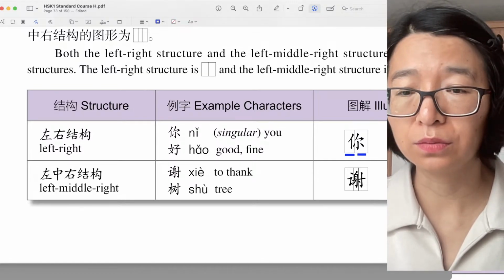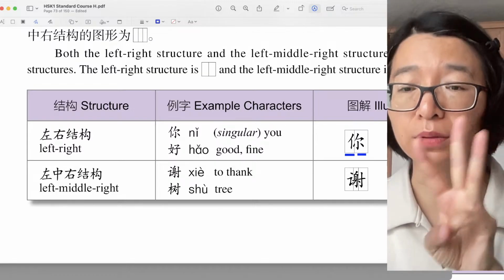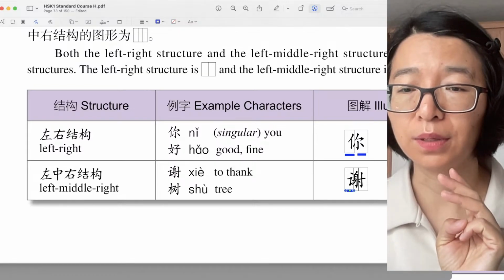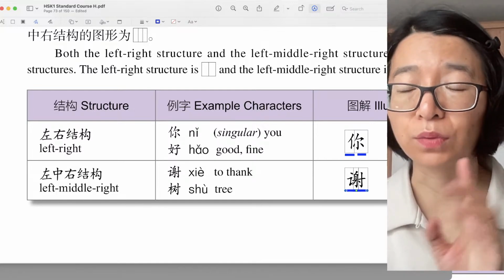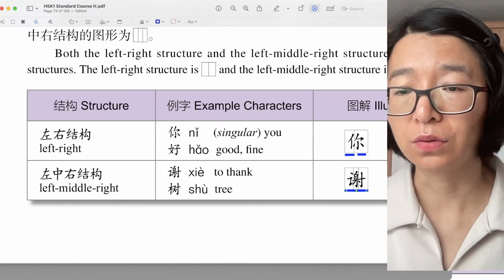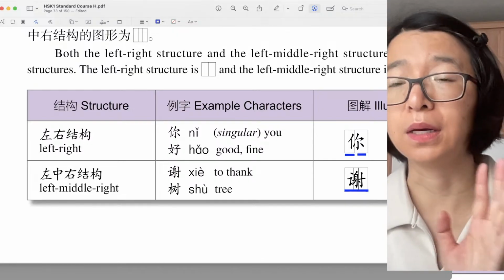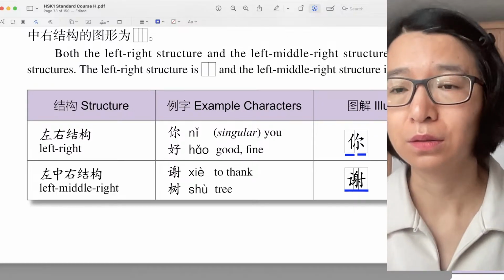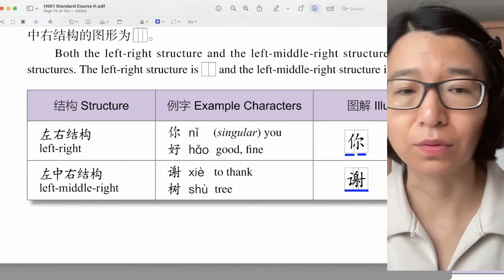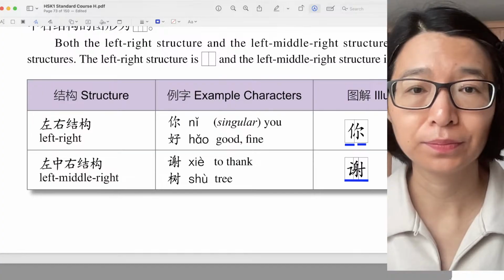And also more complicated, it has 3 parts. So left, middle, and also right, 3 parts, like this one, 谢谢. And also 树, yeah, 树, tree. Also left, middle, and right part, 3 parts.